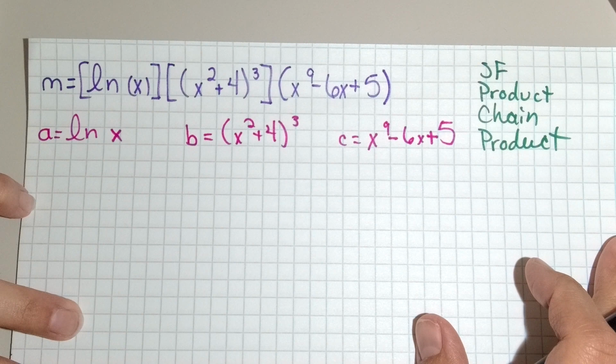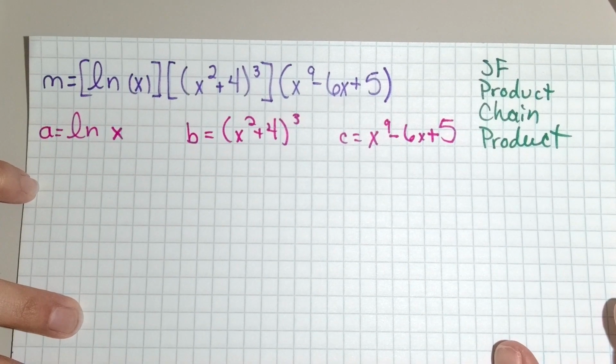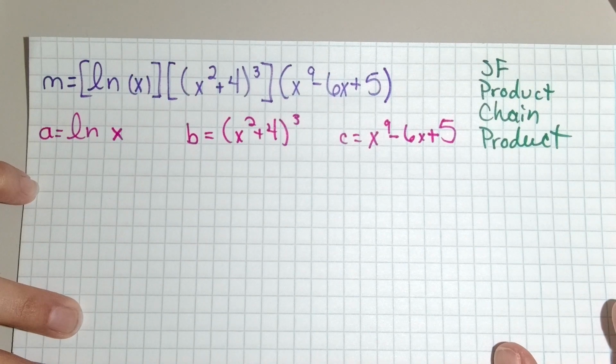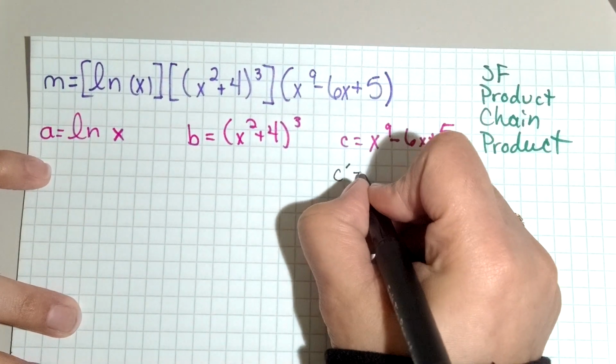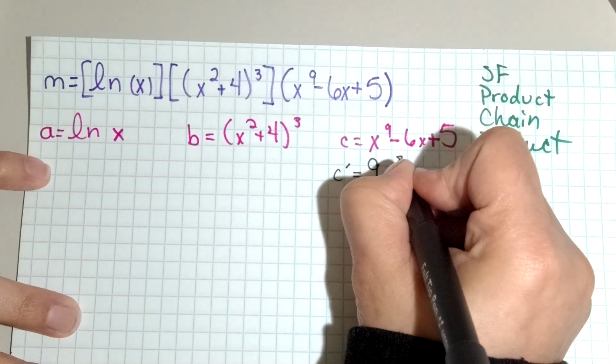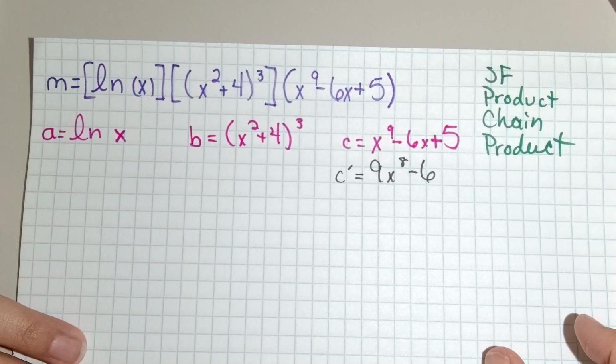Which of these derivatives can we do really quick? C. So C prime is 9x to the 8th minus 6. What else can we do really quickly?